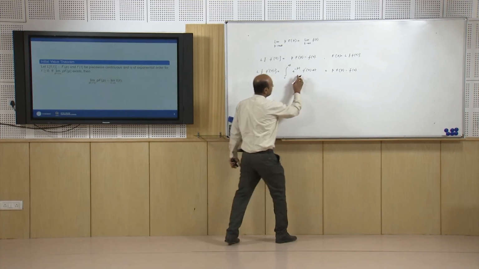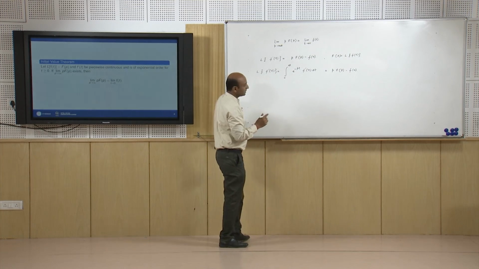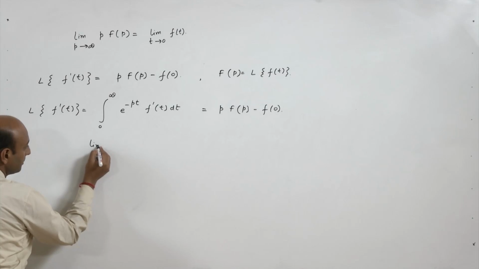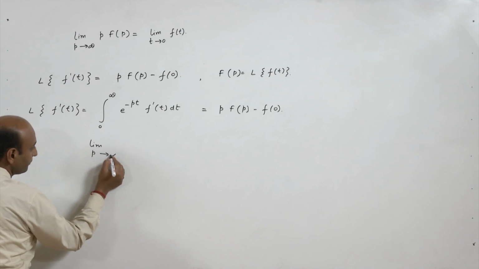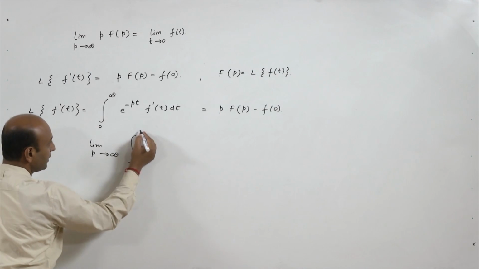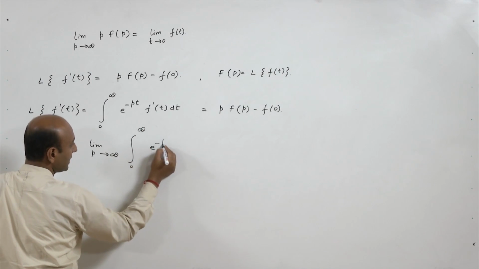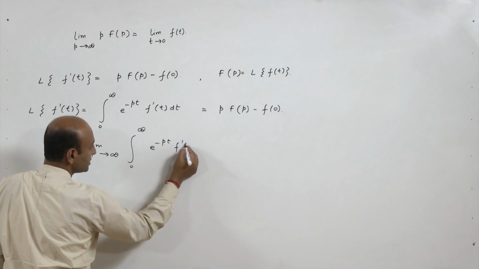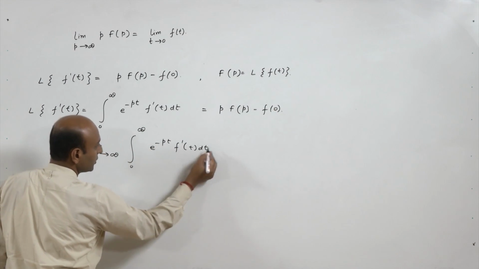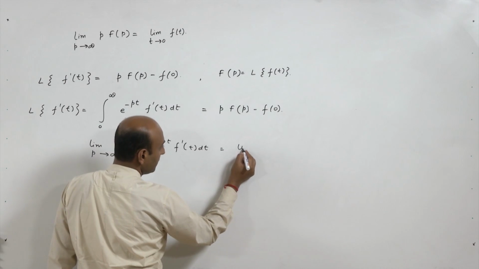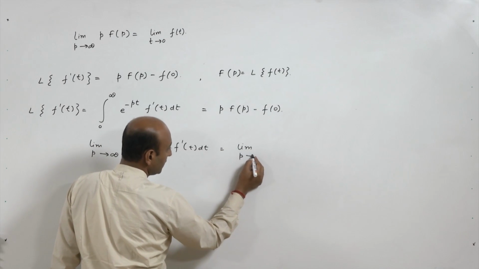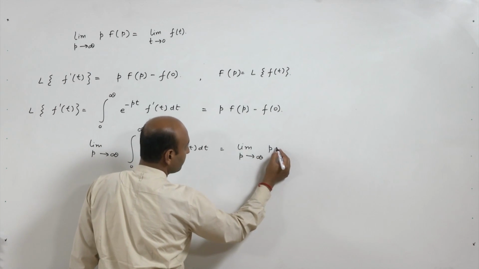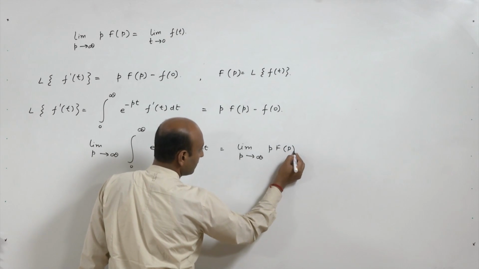So, take the limit p tends to infinity on both sides. The limit of the integral from 0 to infinity of e to the power minus pt f'(t) dt will be equal to the limit of pF(p) minus f(0).